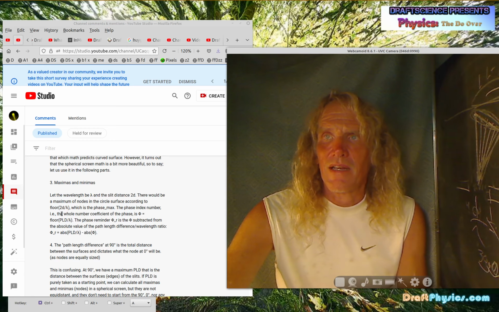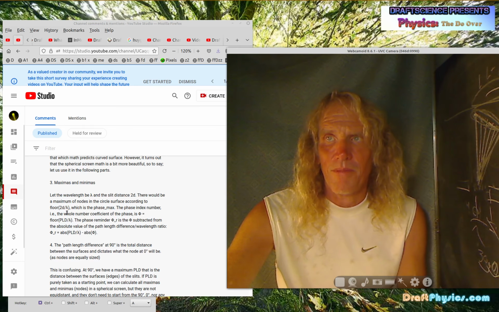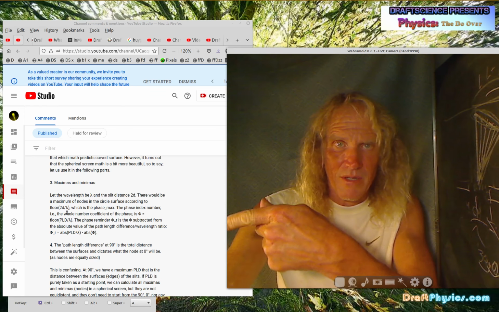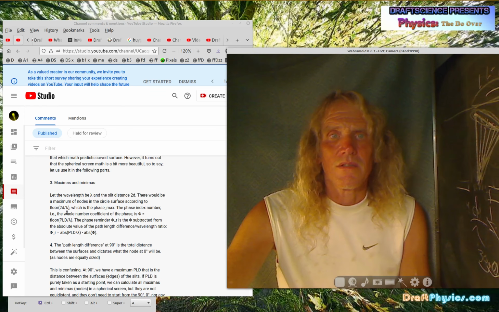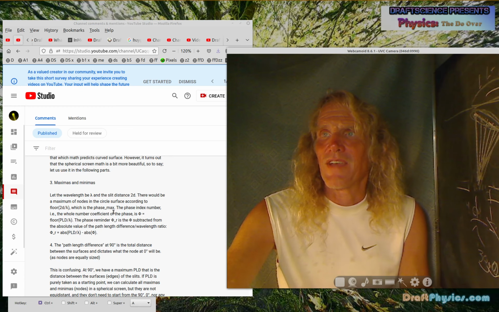So if you're dividing the distance by the wavelength, it's just telling you how many nodes there are. And if you don't have a whole number, then you know the node at 90 degrees isn't an on, which is the phase max.